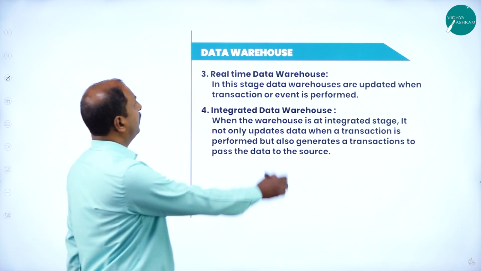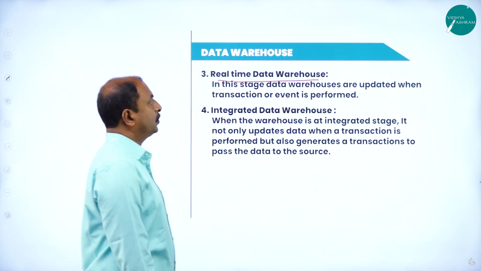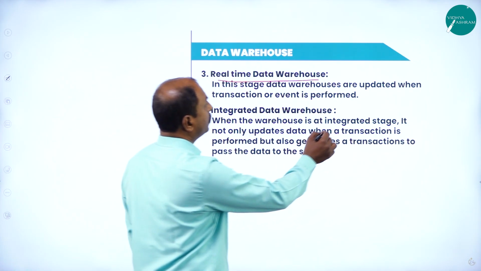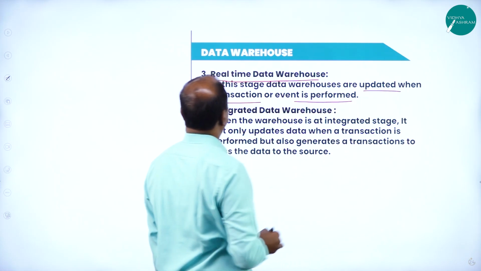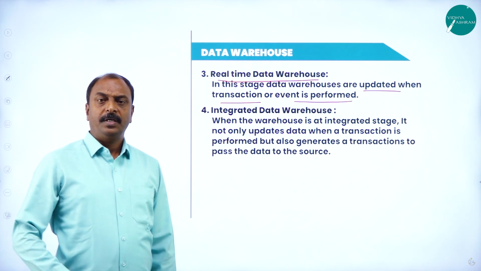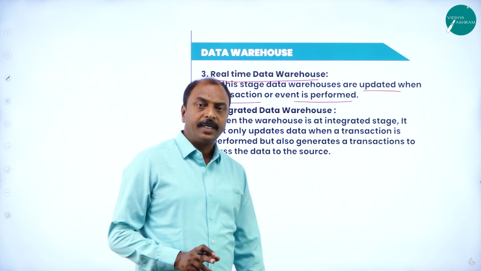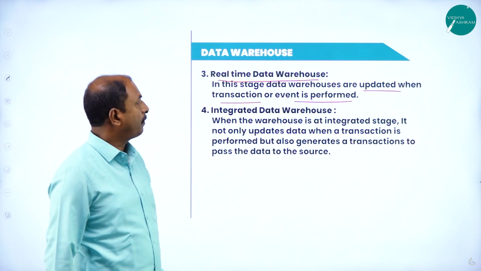Next is another type of warehouse, the real-time data warehouse. Here, data warehouses are updated when a transaction or event is performed. As and when the transaction takes place, all the data are updated immediately. That is real-time data warehousing.